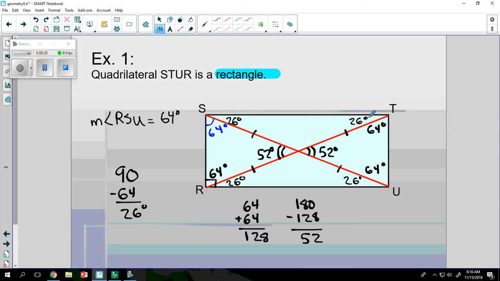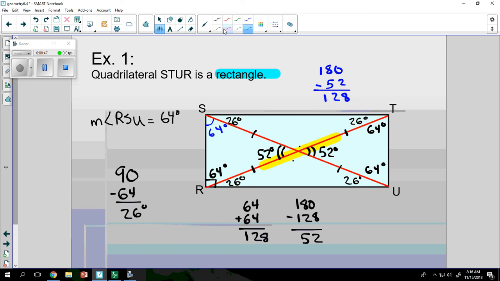And then the last 2 we want to find are here and here. Lots of ways we could do it. What I'm thinking as I look at this is, well, there's a line, so that means the 52, and what I want would be a linear pair, and linear pairs add up to 180. So if I take 180 minus 52, that'll give me 128.